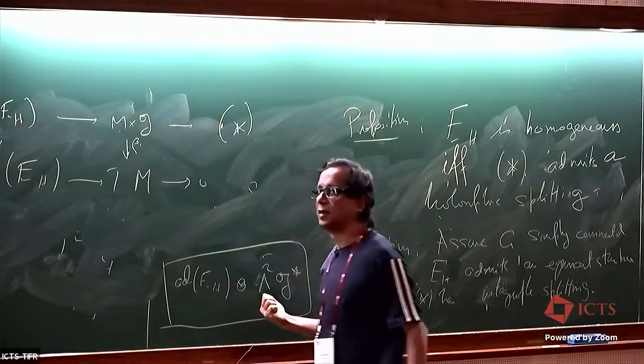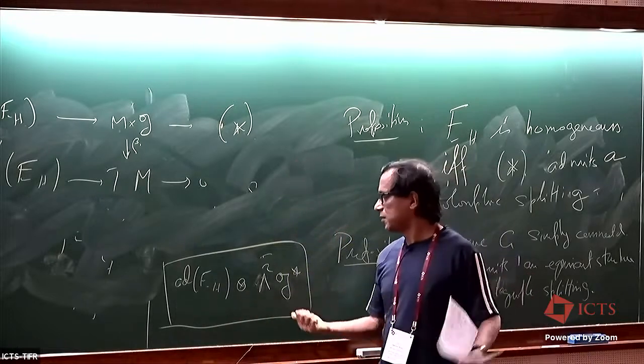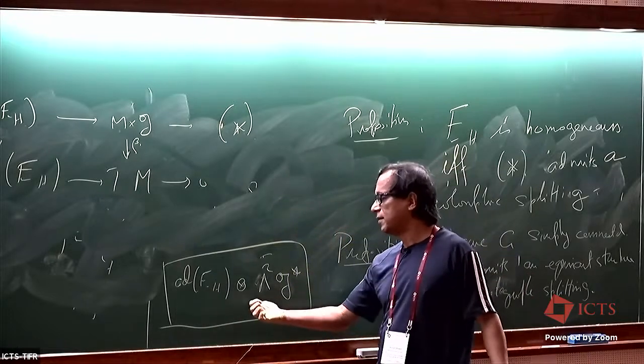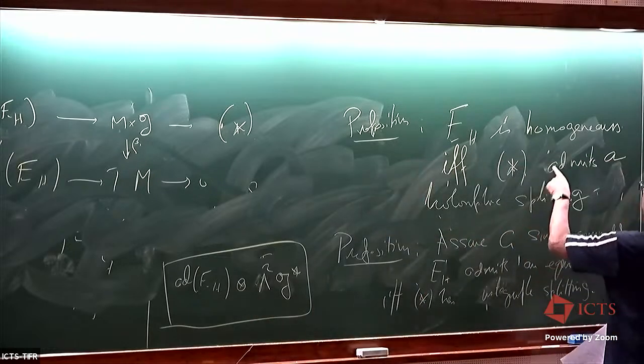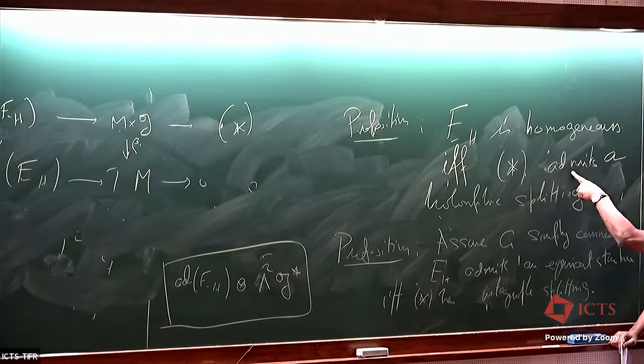That becomes a section of this, the identical construction of curvature. So if it admits a holomorphic splitting, like a holomorphic connection analog, and for it to be equivariant, which is a stronger condition, you require the curvature to be 0.